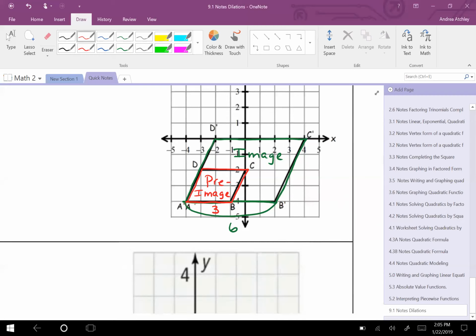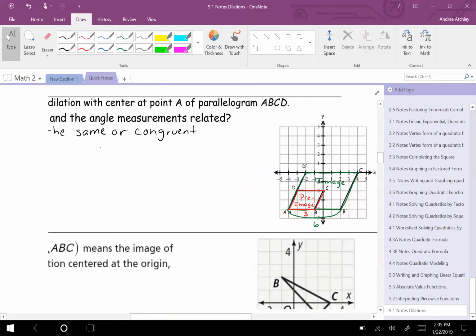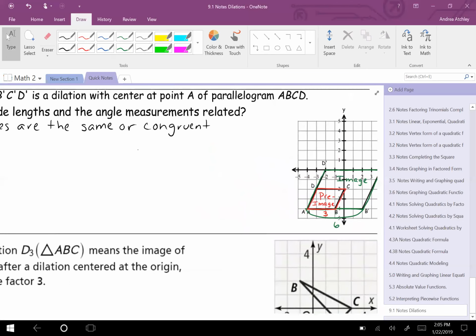Okay, I'm going to show you how to come up with that. That's what we call the scale factor. So the scale factor is equal to the image divided by the pre-image. In this case, you just look at the side length. The side length of my image is 6.